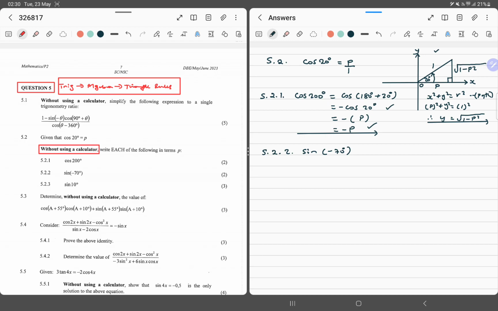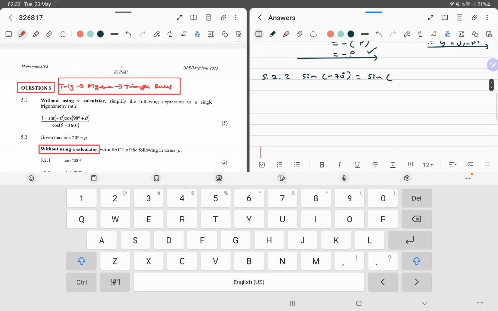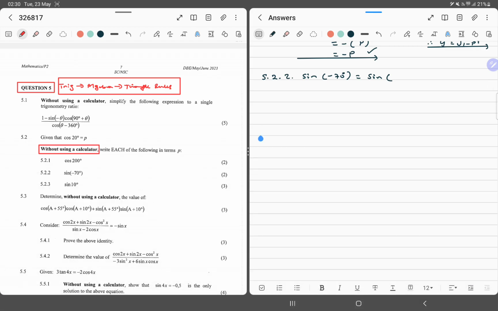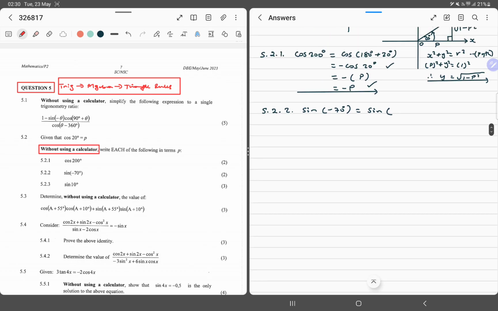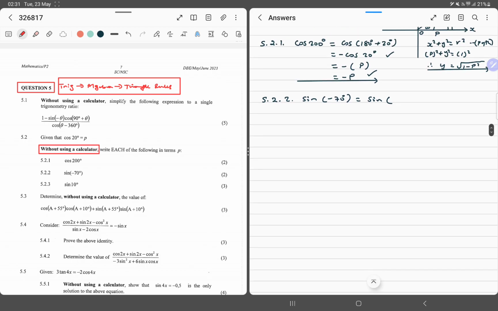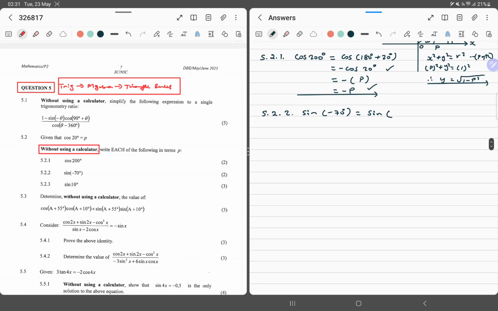Now sine of 70 is the same as sine of... so this is the same. Now to get that negative angle we need 20 because we want what we were given. So this is 20 degrees minus 90 degrees, right?